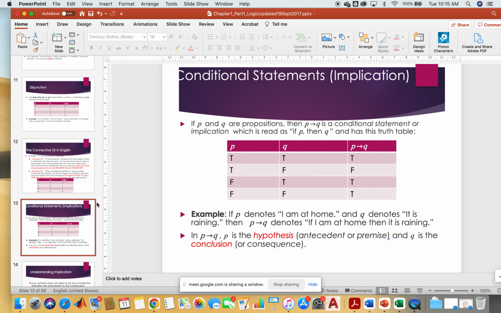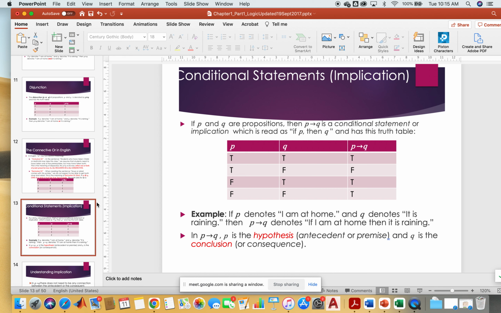So let's say I'm giving you a statement, something like this. Okay, so now I ask you, I want to know the truth table of this whole statement. So how are you going to do it? You have to list down. So that is the formula to know how many rows.